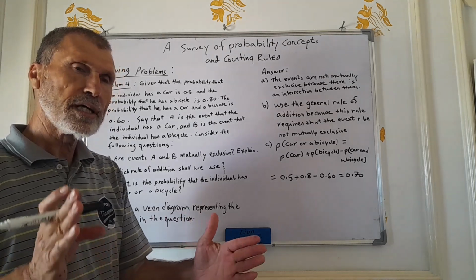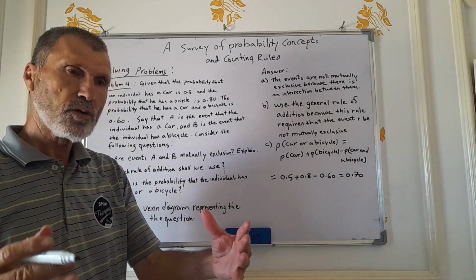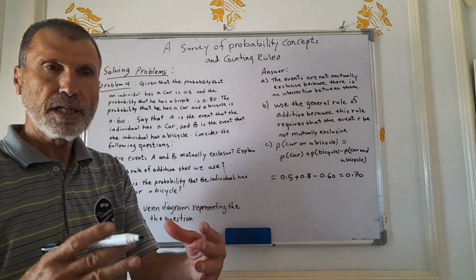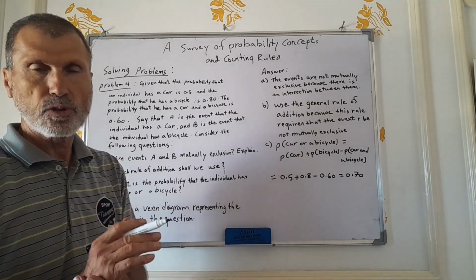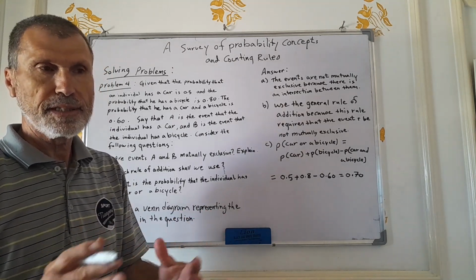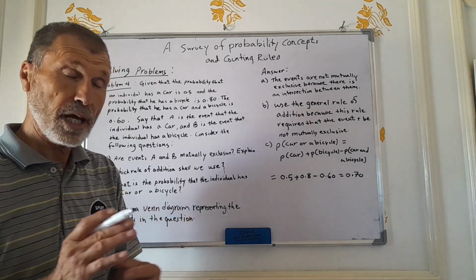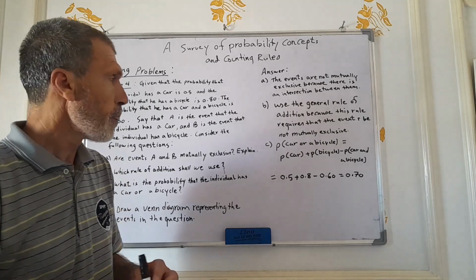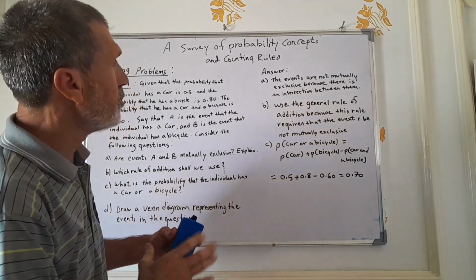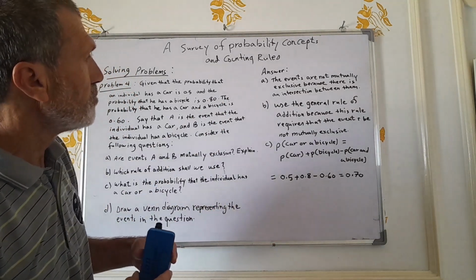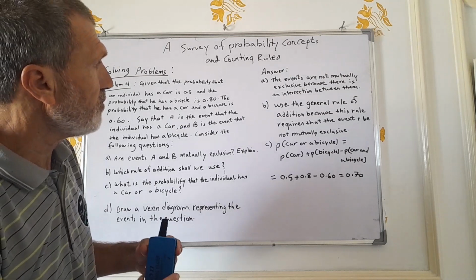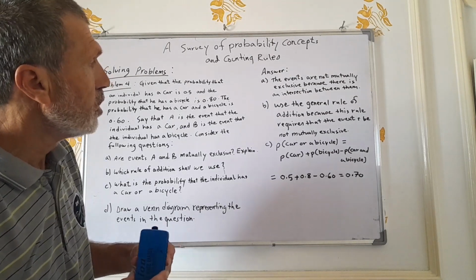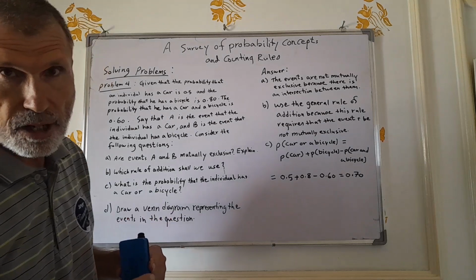And we show an overlapping between the circles to show that there is an intersection, and to show that they are not mutually exclusive. So let me erase the answers A and B and C so that we have enough space to draw the Venn diagram.